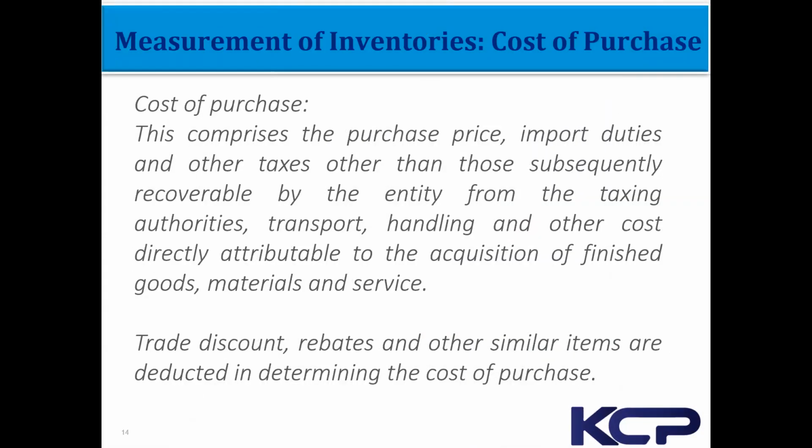The cost of purchase comprises the purchase price, import duties, and other taxes, other than those subsequently recoverable by the entity from the taxing authority. That relates to the illustration we earlier gave. If it is recoverable, then it doesn't form part of the cost of purchase. But if it is not recoverable, then it forms part of the cost of purchase.